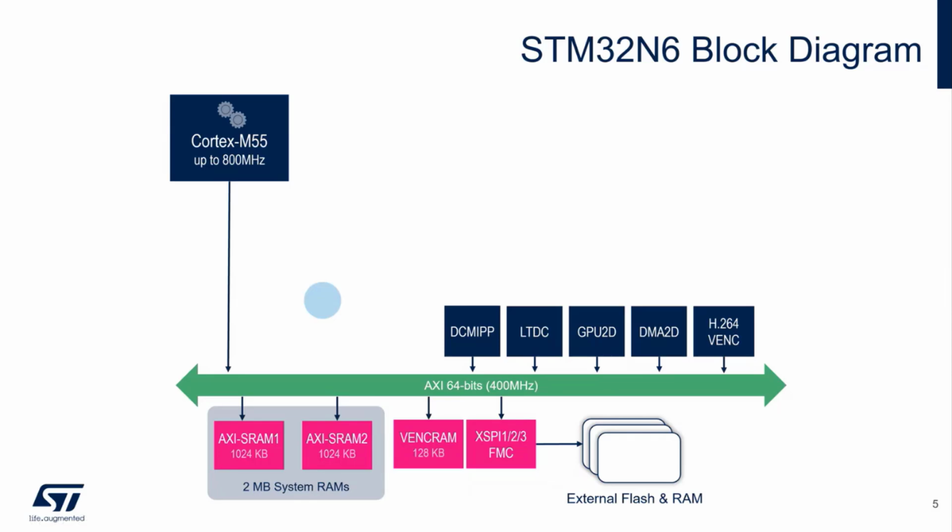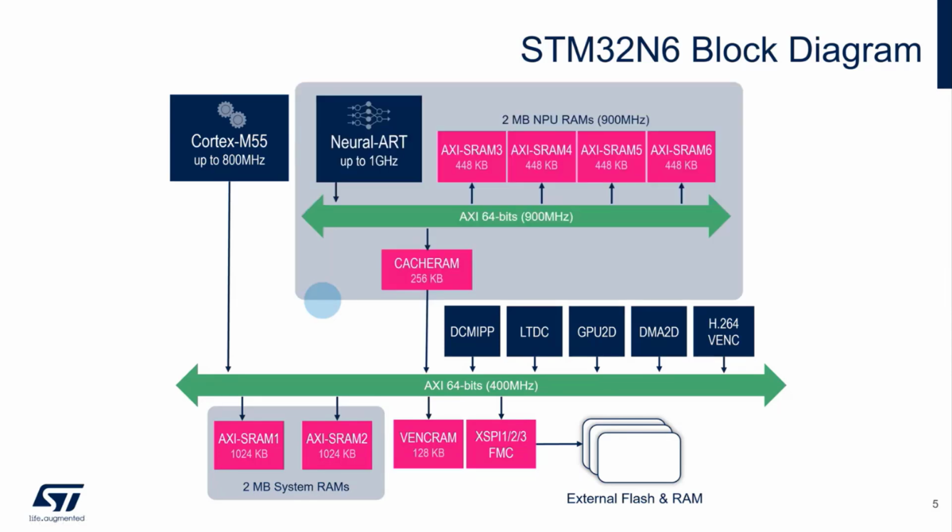Regarding the N6, it's a bit different. There is a kind of private garden for the Neural-ART. The Neural-ART here has its own bus running at 900 megahertz, on which it can access, with privileged access in terms of throughput and access time, these 4 blocks of internal RAM, so SRAM 3 to 6.